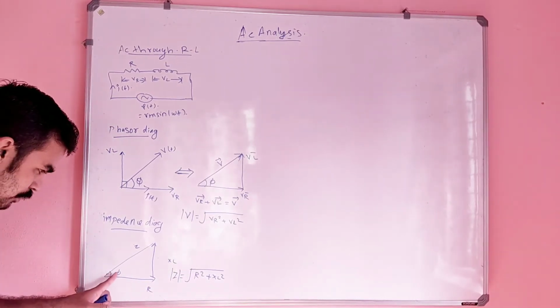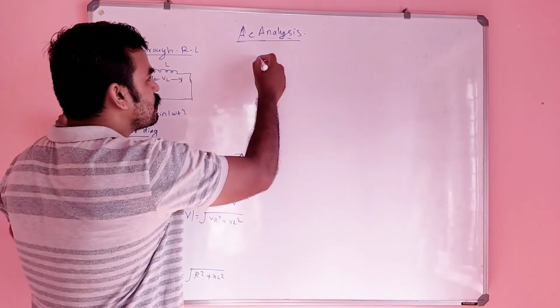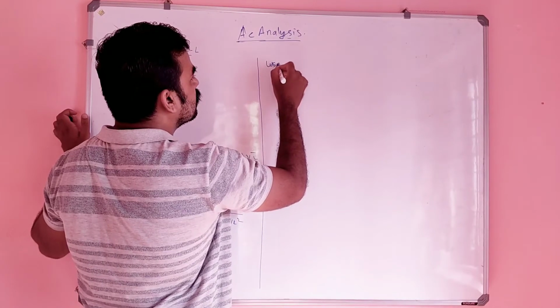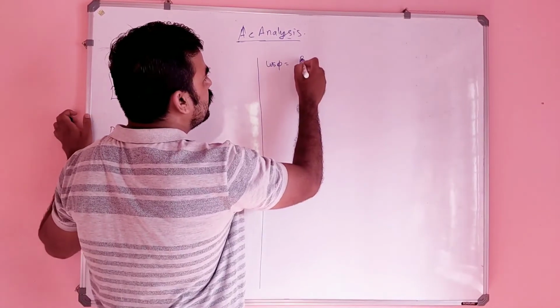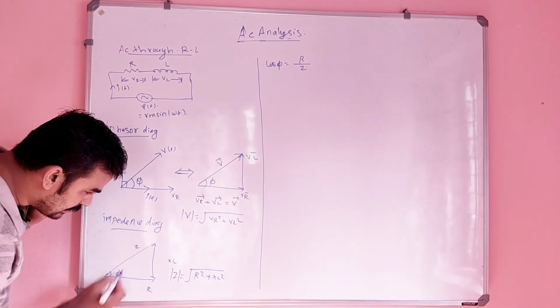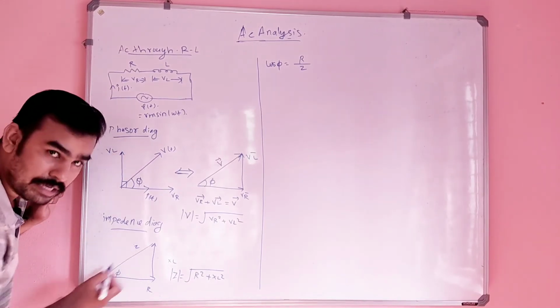And what is the value of cos phi here? Cos phi is equal to R by Z, correct? Cos phi is nothing but the adjacent side by the hypotenuse, no?